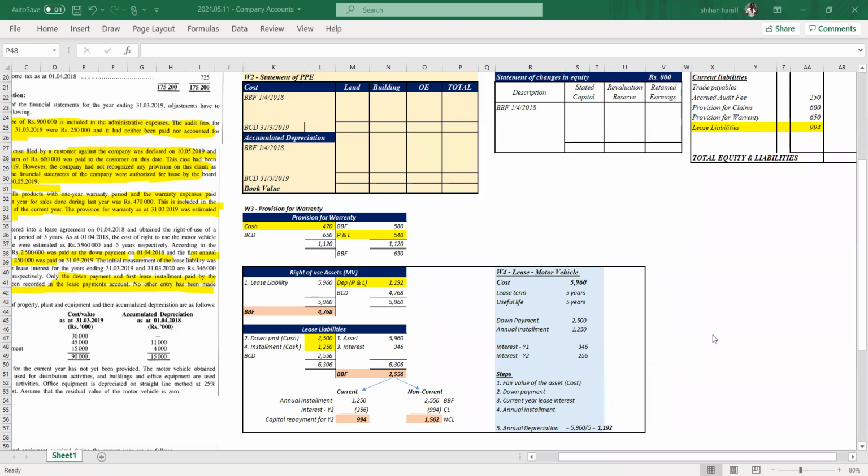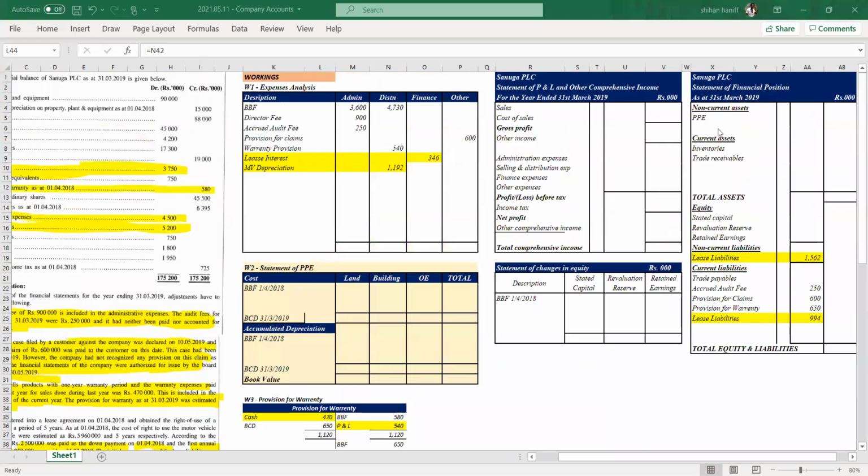Good. Yes, that is correct. Asset now. The tax brought forward is 4,768.